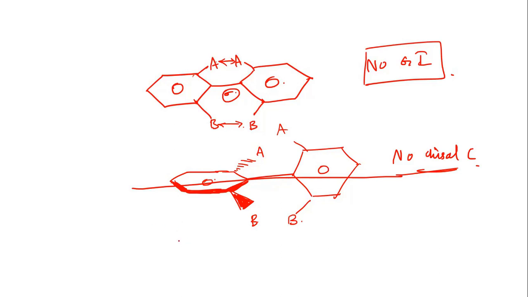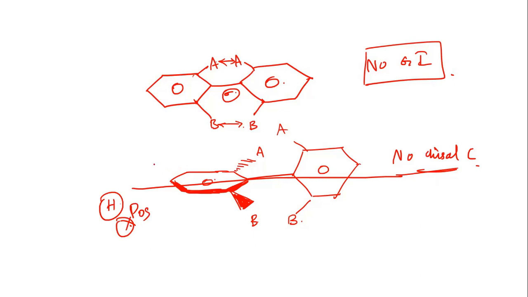So we will have half a benzene, half a plane of benzene, and half A, half B, one above and one below. Here we will have completely one A above and one B below. The A and B are not cut for this benzene, but the A and B are cut in half in this benzene. When we cut it in the horizontal plane, there is no plane of symmetry.